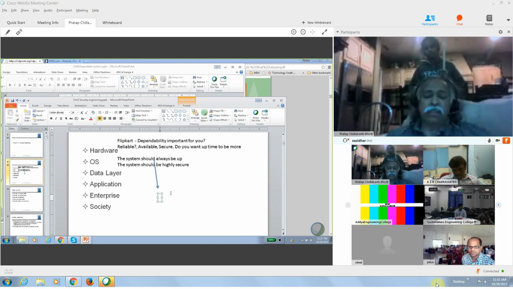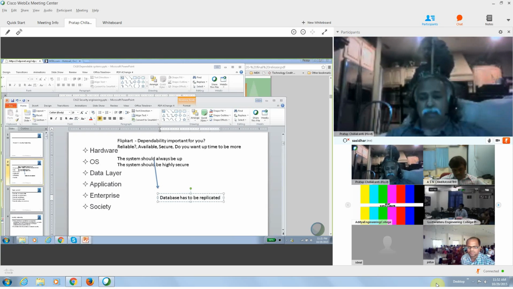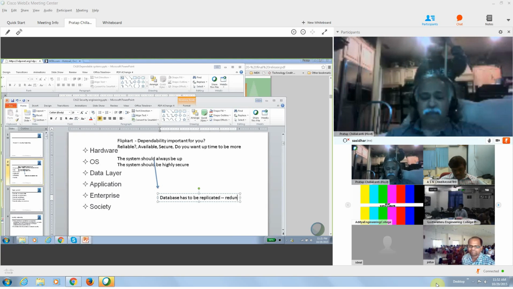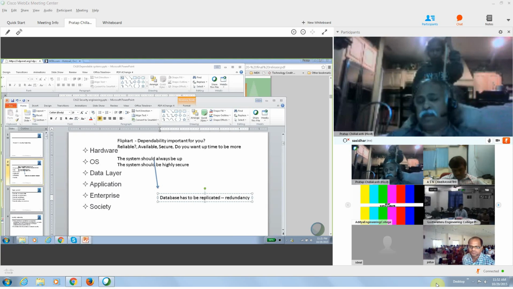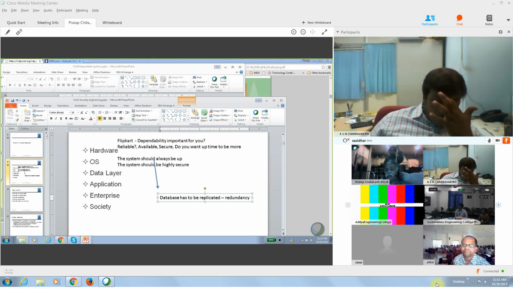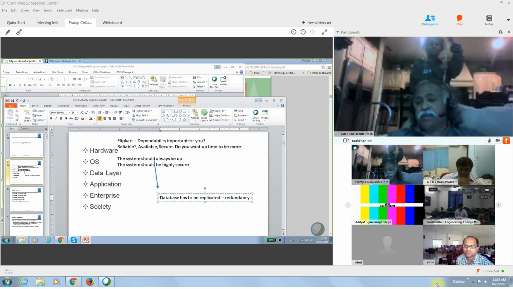System should always be up means I know that the database has to be... That means I have to build some redundancy, right? At the database layer level, right? Yes, sir. Because if one database goes down, I should be able to immediately bring up the other database. That is the data layer, right?